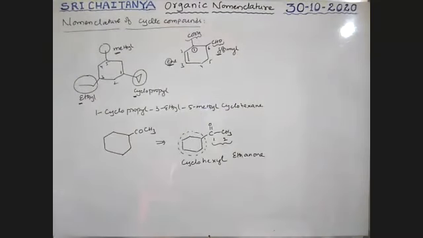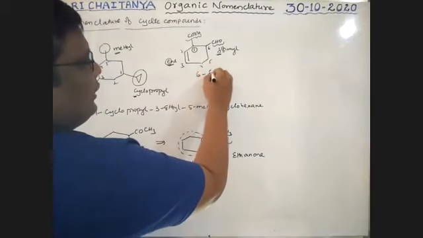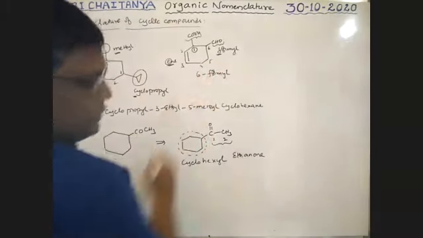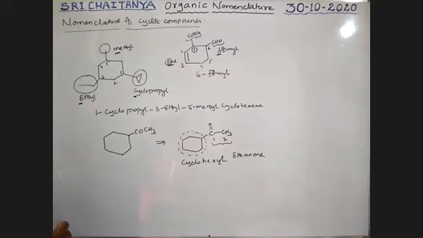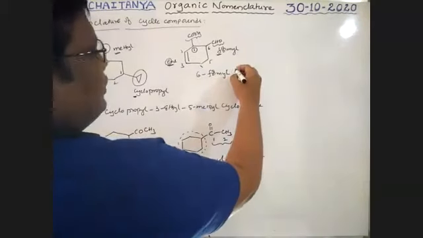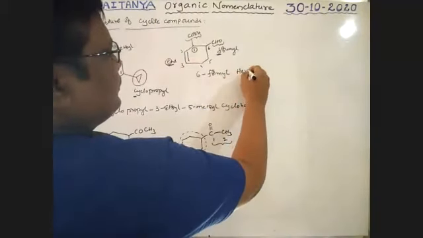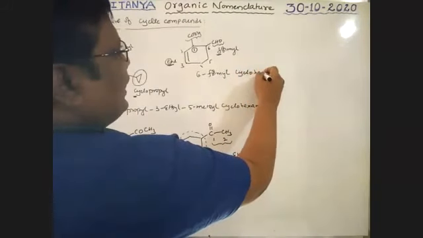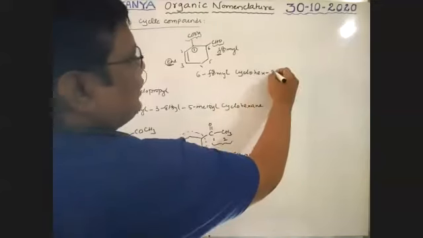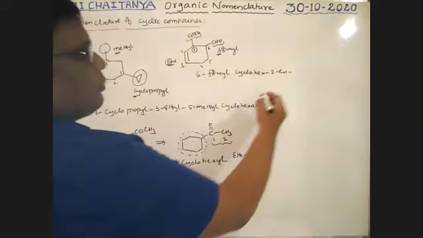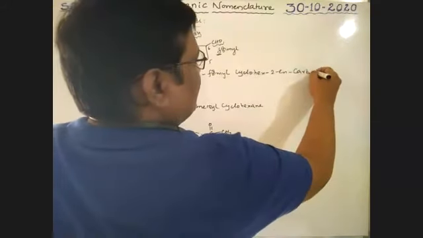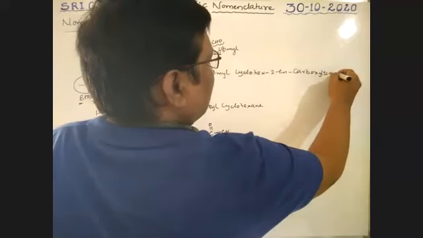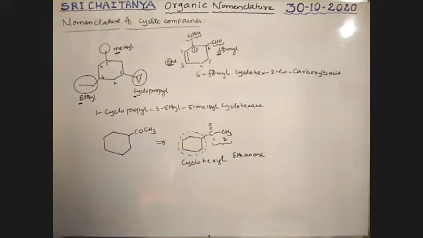So what is our name? That is 6-formyl cyclohex-2-ene carboxylic acid. 2-ene carboxylic acid is the name of that compound.